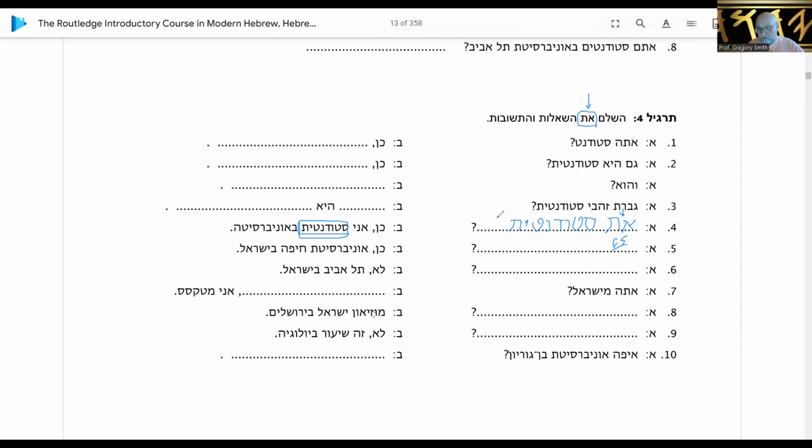We could write that all the way out. I don't know how they're going to phrase this question. Are they going to go that far? Because you could just say, are you a student? And the person answering could offer extra information and just say, ken ani studentit ba'universita. Yes, I'm a student, a female student. Notice it's tit, not student, as in masculine. It's studentit. That means it's feminine singular, ba'universita, in the university. Okay, so let's see what they write.